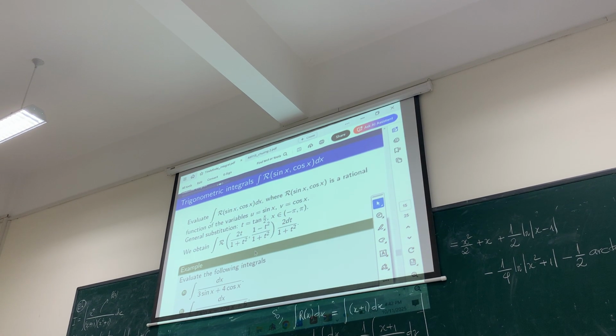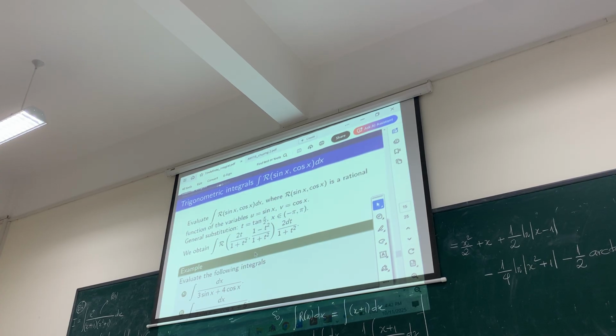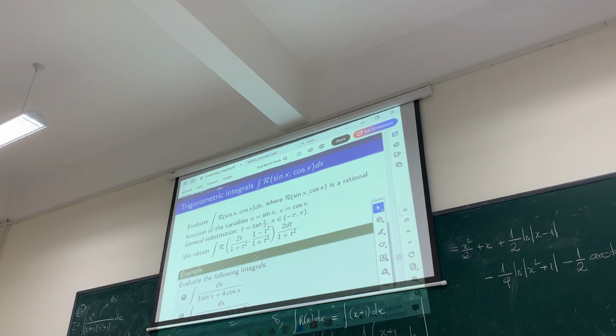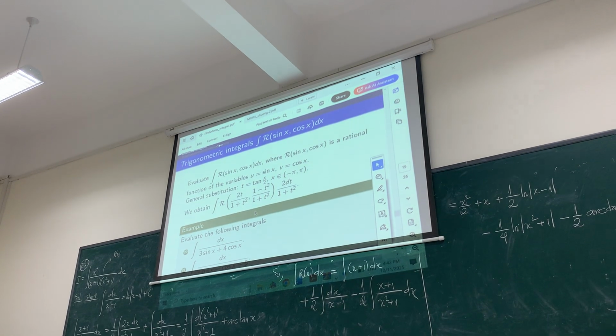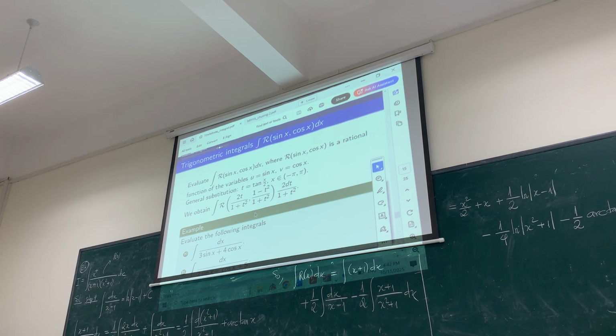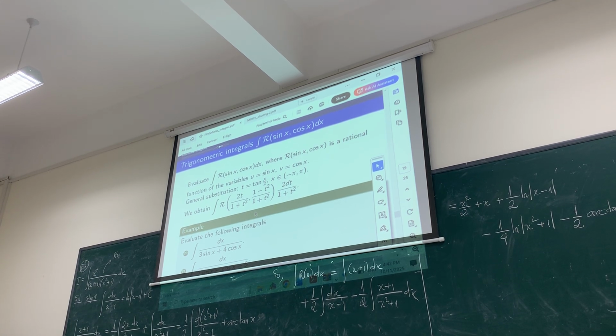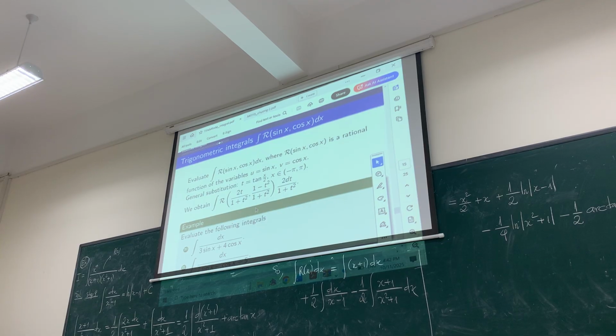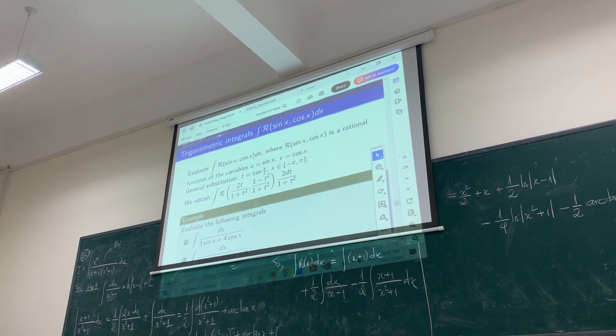If you want to evaluate a trigonometric integral, the idea is we take the substitution u equal to sin x, or the substitution t equal to tangent x over 2. When we take the substitution t equal to tangent x over 2, we can transform the trigonometric integral to an integral of a rational function.